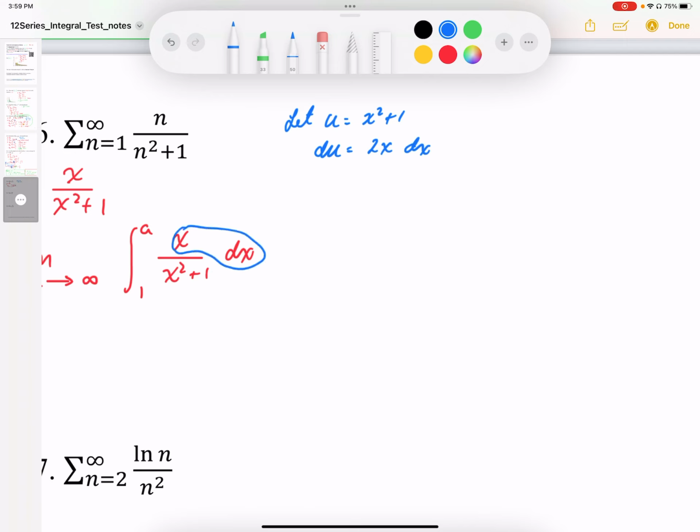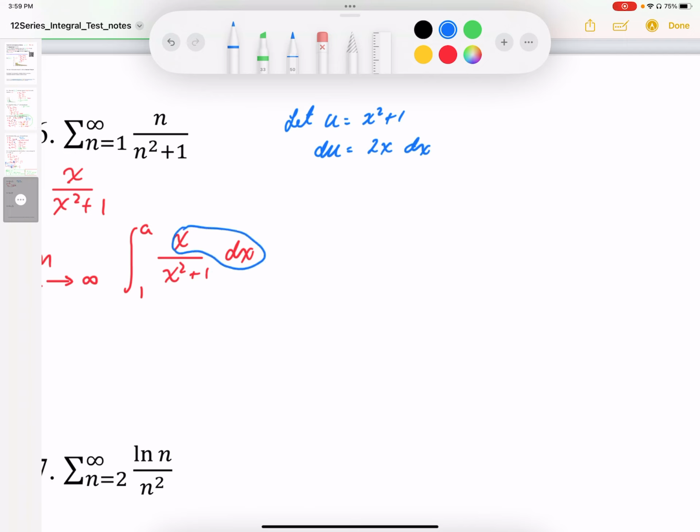Okay, so then we're going to set this up as a limit as a approaches infinity of, and because we're using a substitution, I need to state my bounds as x equals 1 and x equals a, and then my substitution is going to be u, I'm going to replace the x squared plus 1 with u.